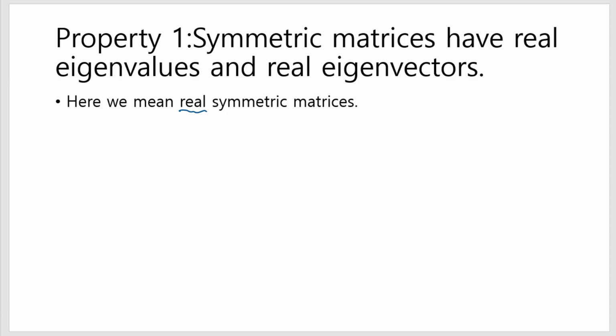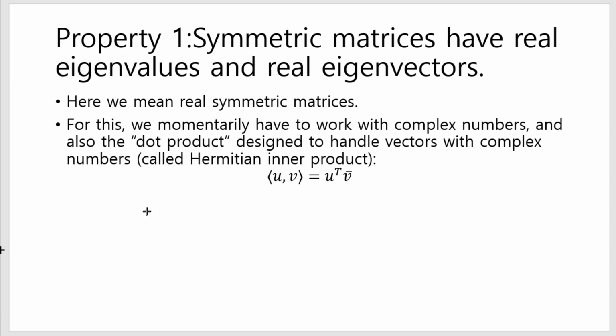Unfortunately, I was saying that we're only going to work with real numbers, but to prove that it's real, I have to talk complex. So we will have to work with the complex version of the inner product. It's called the Hermitian inner product, and the only difference is you take this bar. This is the complex conjugate I talked about, right? So this bar makes i become negative i.